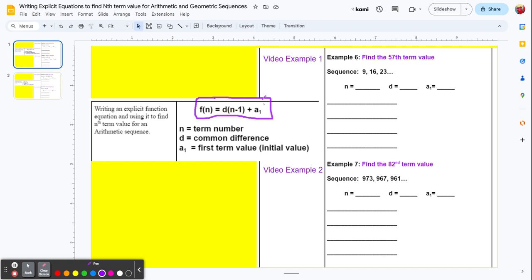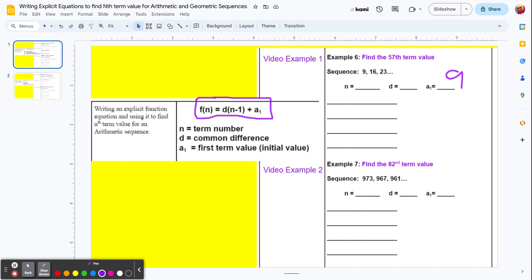A lot of letters coming at you, right? n represents the term number, d represents the common difference, and a sub 1 represents the first term value, or a lot of times we call it the initial value of the sequence. Looking at 9, 16, 23, our first term value is 9. So our a sub 1 is 9.